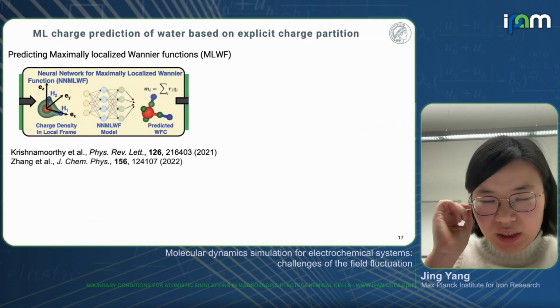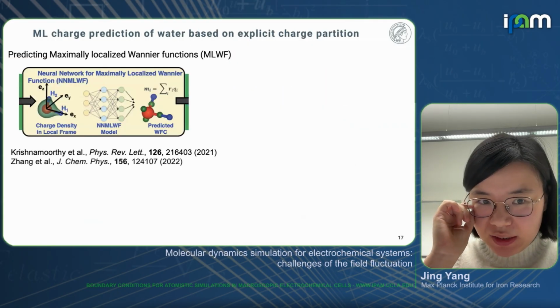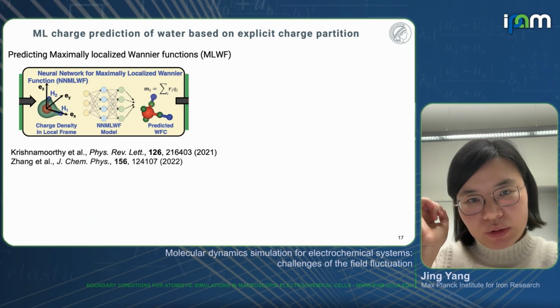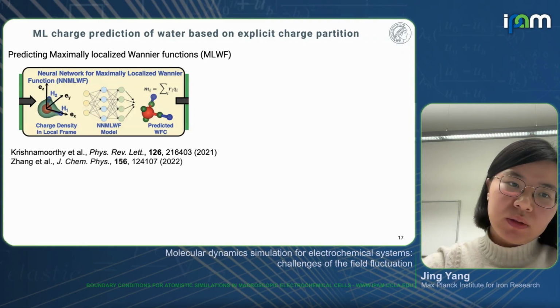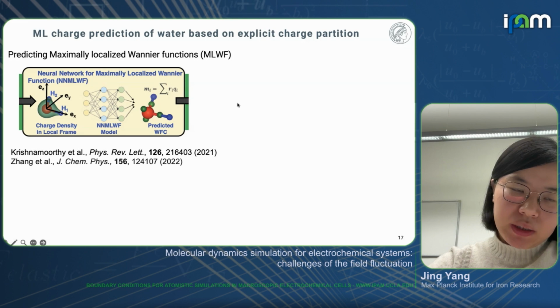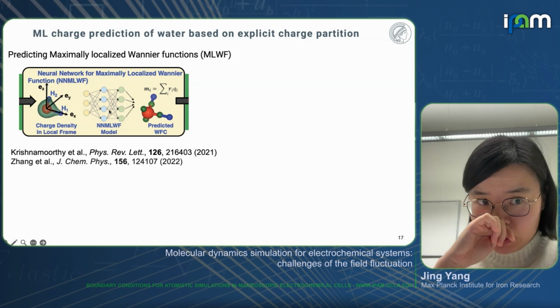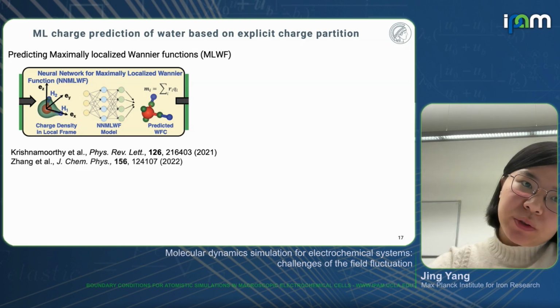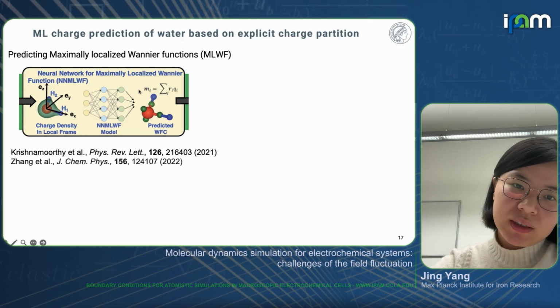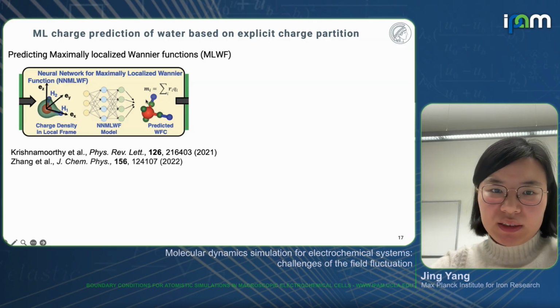So in this workshop, we have already seen the deep potential. There are different ways of including these long-range interactions into machine learning models. And the deep potential does this by predicting the positions of the maximally localized Wannier functions. For example, for water, it will be predicted as something like this.